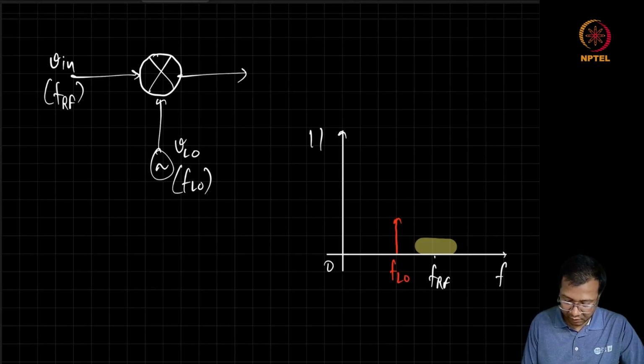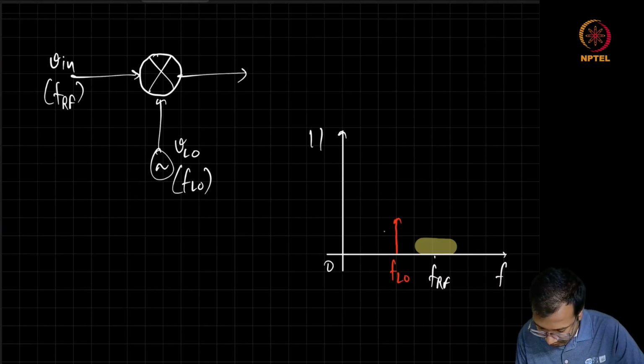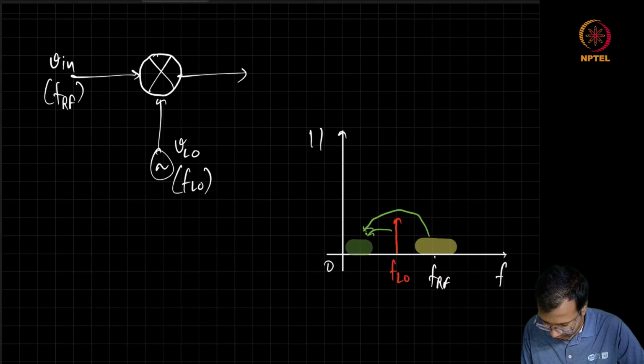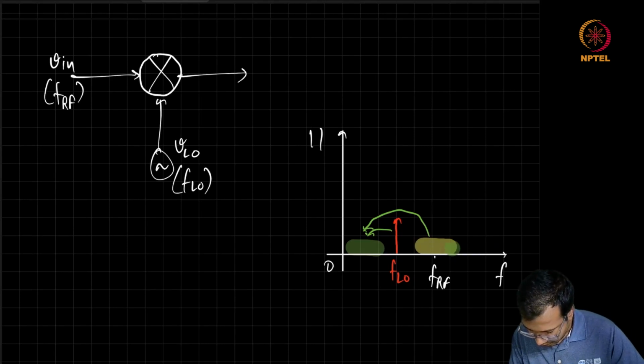So the mixing operation is going to give rise to two signals. Okay, so one is going to be at a lower frequency here, and then there will be another part at higher frequency.